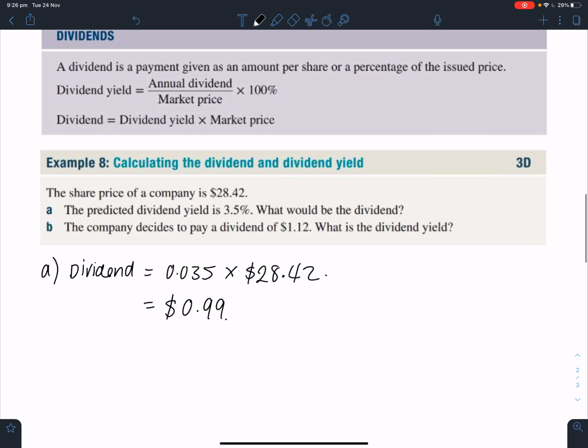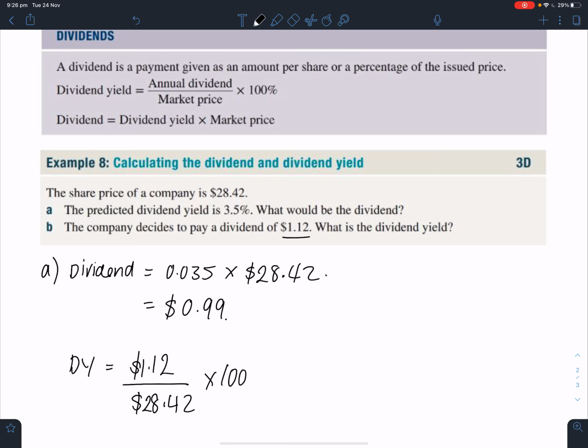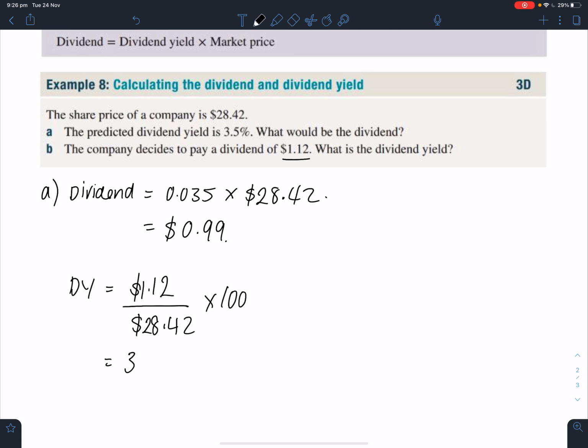Now to find the dividend yield. The company decides to pay a dividend of $1.12. What is the dividend yield? Dividend yield equals the annual dividend, which is, sorry, not 28, it's $1.12, divided by $28.42 and times it by 100, and you'll get 3.94%.